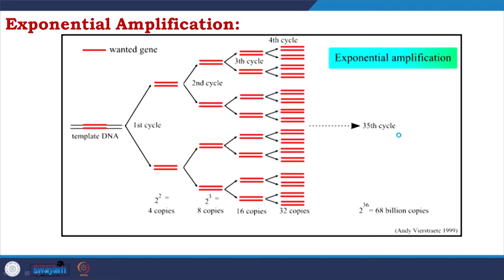So, ultimately when you do that, there would be exponential amplification. If you have 30 cycles, you will get 2 trillion copies in theory. So, that is the revolution we have. We had DNA around, but now with a tiny amount of DNA, we could make it a handful.